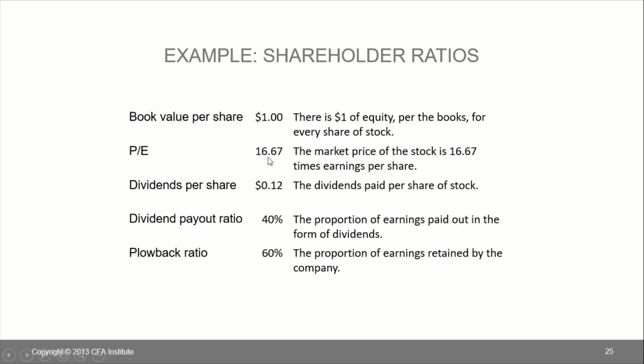So you really need a point of comparison or else the answer would be meaningless. Now, for the dividends per share, you are going to receive 0.12, or in other words, the firm shelled out $0.12 in dividends per share.